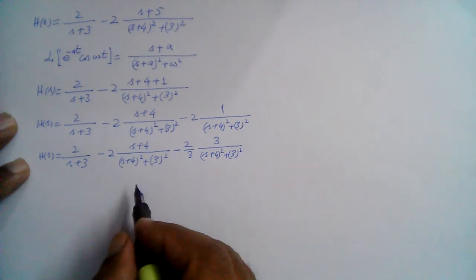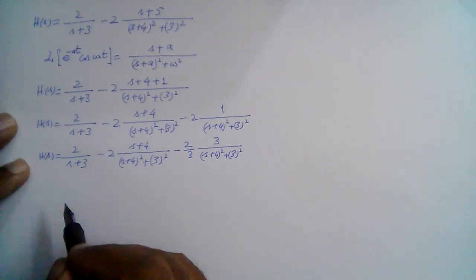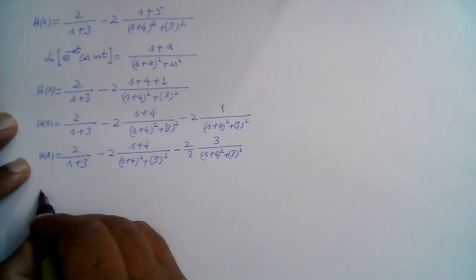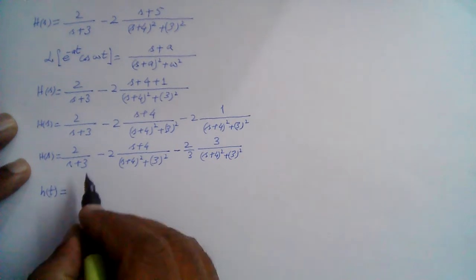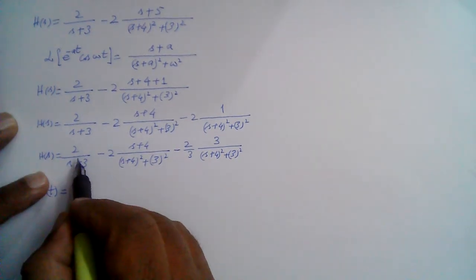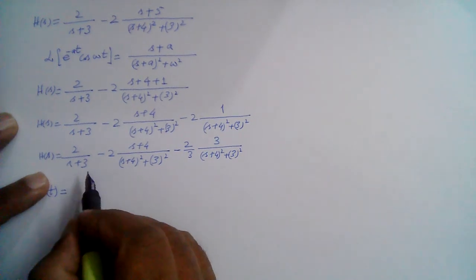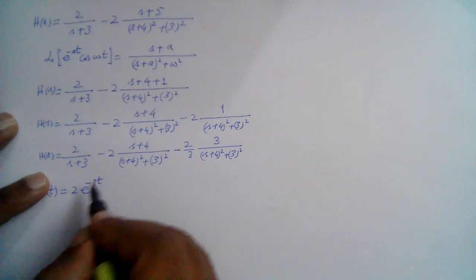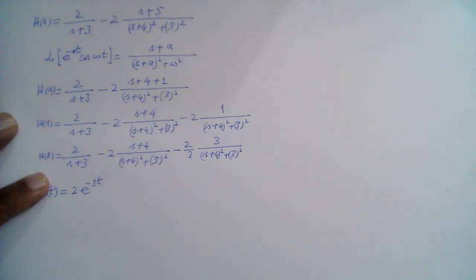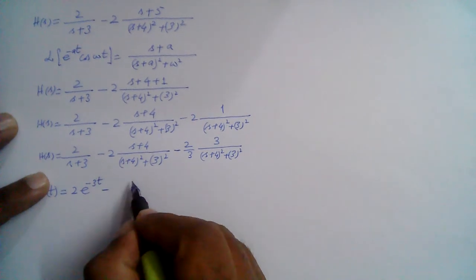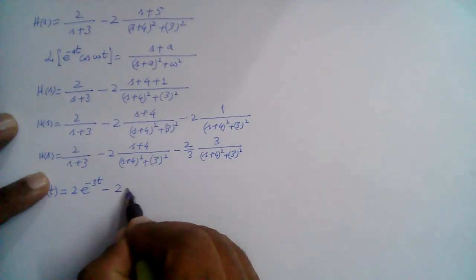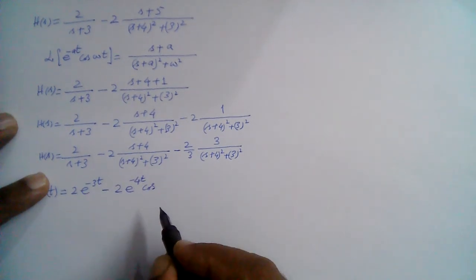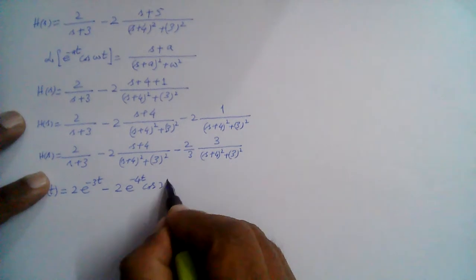So using the inverse Laplace transform, right? So the h of t is given by this is the inverse Laplace transform for this is 2 e raised power minus 3t, and for this is 2 e raised power minus 4t and cos 3t, right?